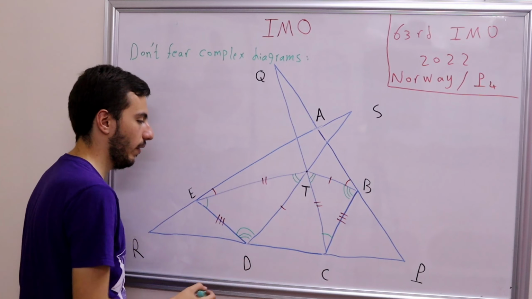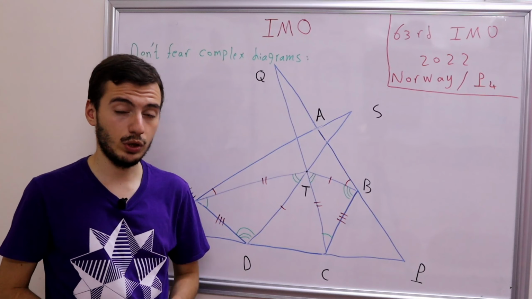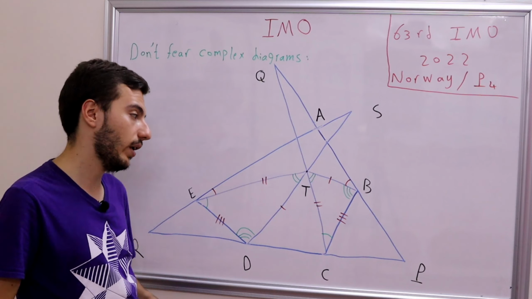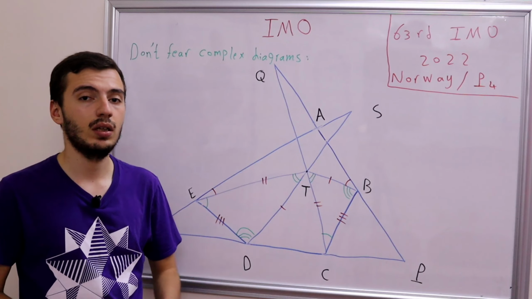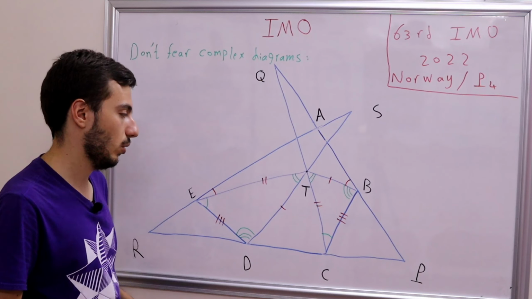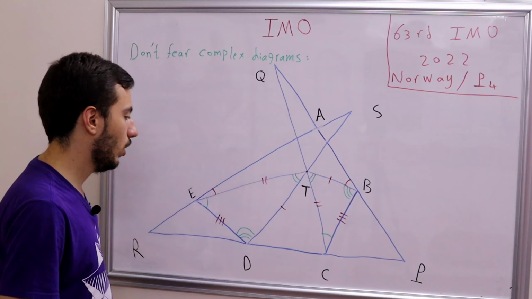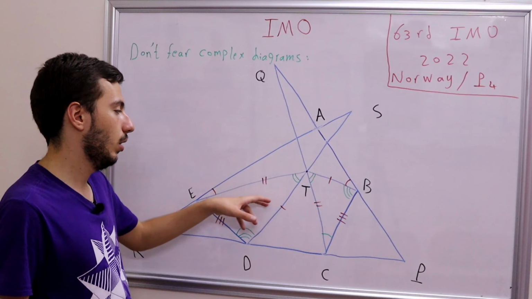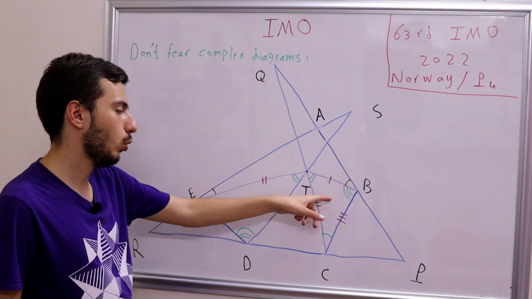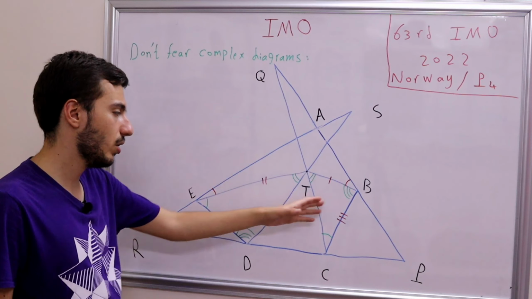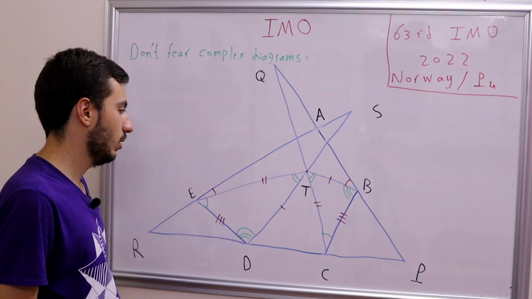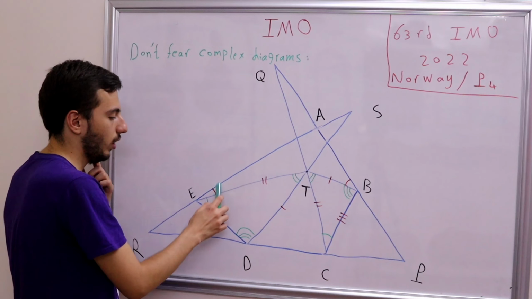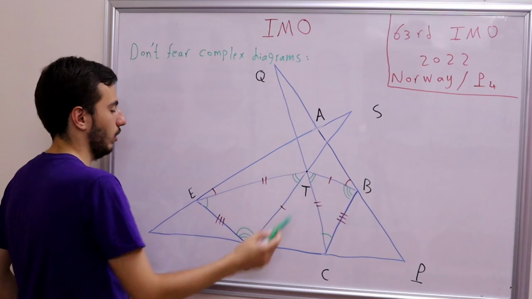All right, so now we have lots of equal angles, which is a good thing for doing angle chasing and for noticing really cool ideas or properties here. All right, so now we have two congruent triangles, equal lengths and equal angles. And don't forget that this angle is the same as this angle.